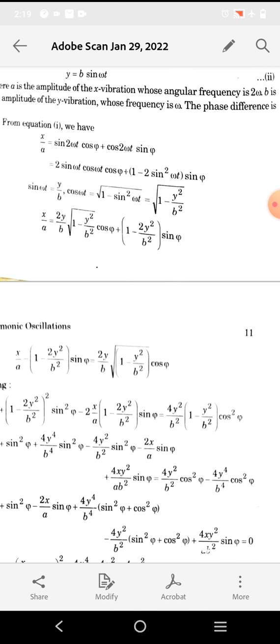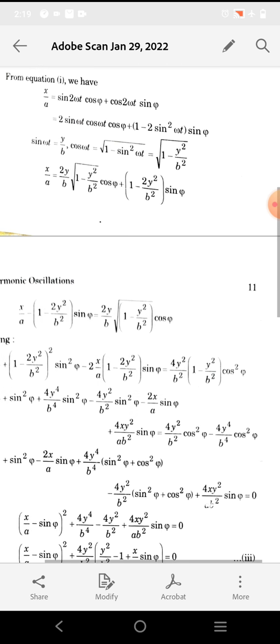So see here, sine 2A expanded gives 2 sine omega t cos omega t, cos phi, plus cos 2 omega t, written in the sine function form, that is 1 minus 2 sine square omega t, into sine phi.